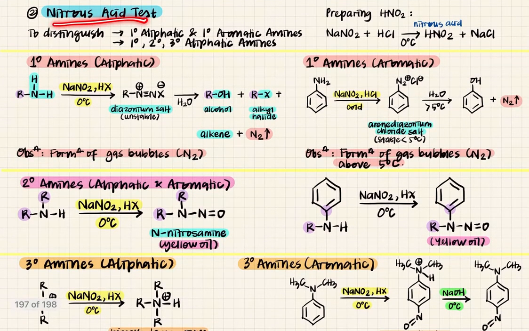Okay. Now we are going to look at the nitrous acid test. So the nitrous acid test is for you to distinguish primary aliphatic and primary aromatic amines. Okay, between these two. And then you can also distinguish primary, secondary and tertiary aliphatic amines. So nitrous acid, can we use nitrous acid directly? No. Nitrous acid is a very unstable acid, it is very reactive, so you cannot have it on its own.